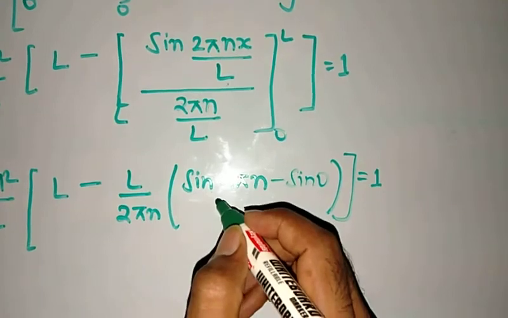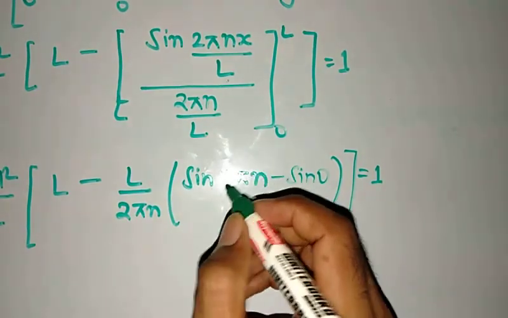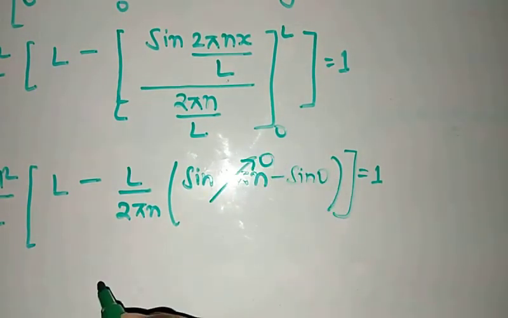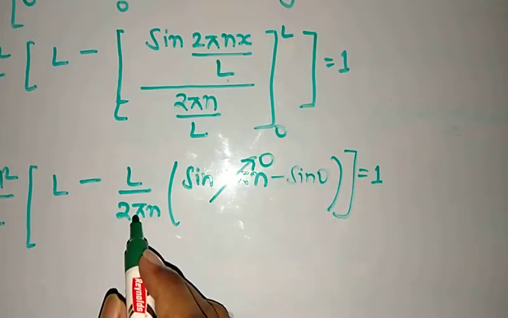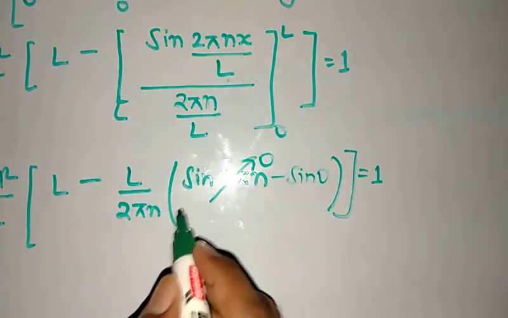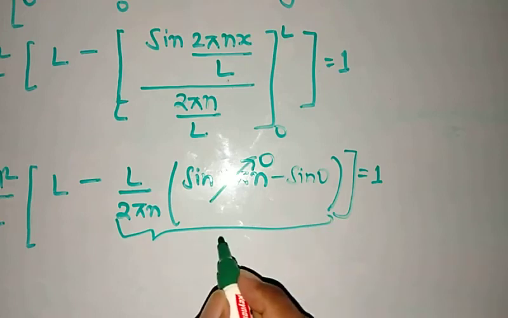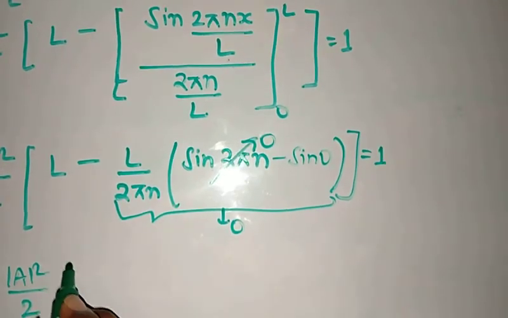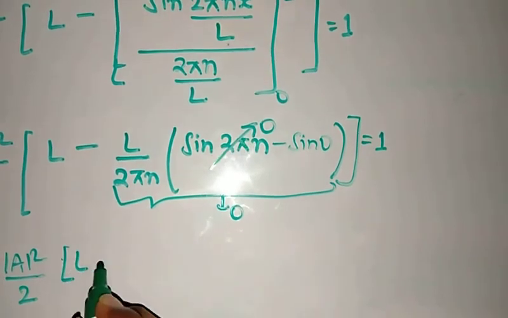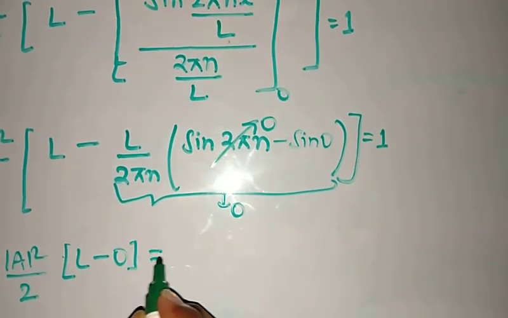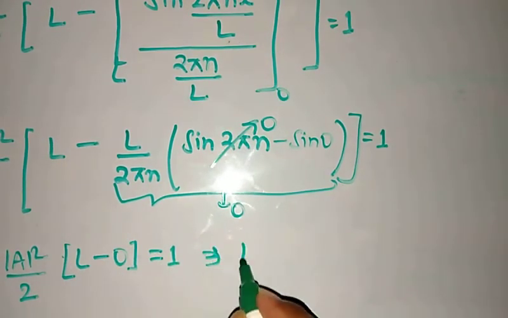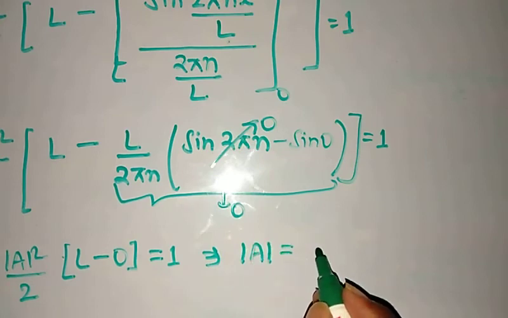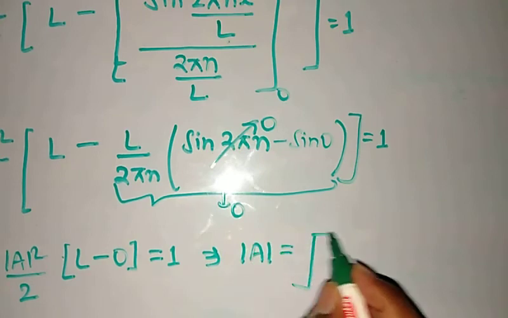Clearly sin 2 pi n will be 0, so 0 minus 0, 0 into 0 will also be 0, so this term will be 0. It means what we get, mod A square by 2 L minus 0 is equal to 1, which means mod A is under root 2 by L.